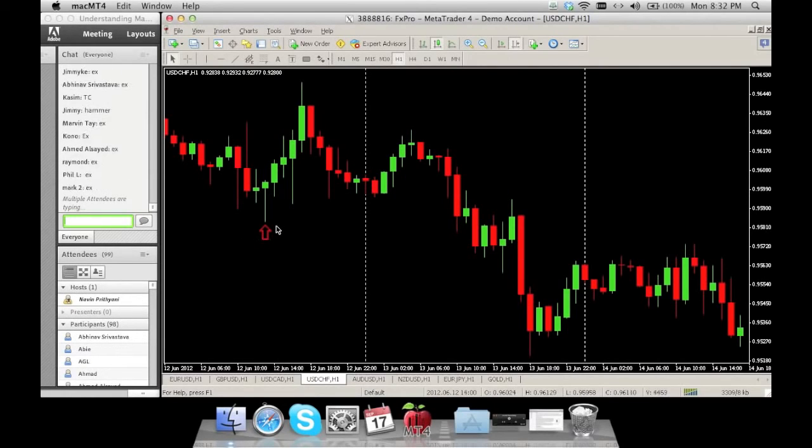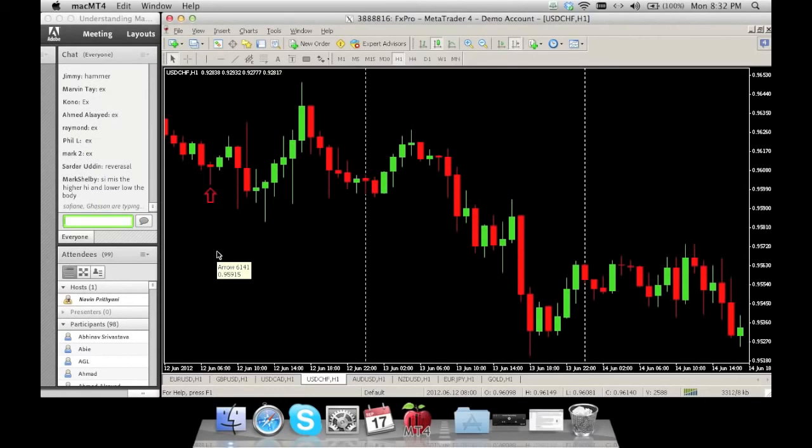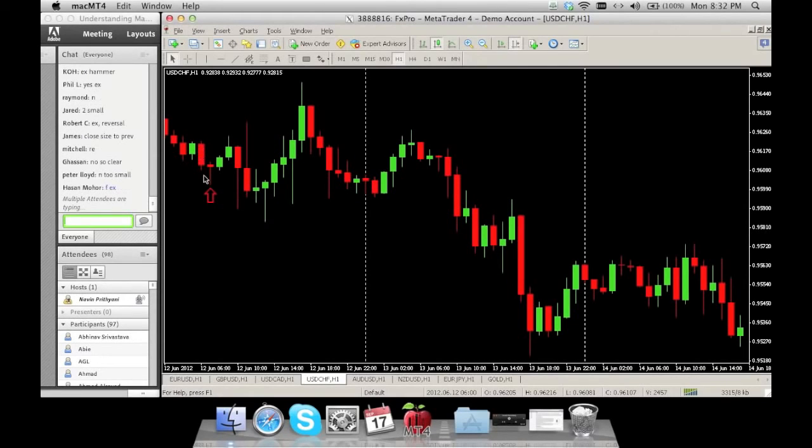Now, what about this one? Okay, the answer is no, this is not an exhaustion. The previous candle is way too big.